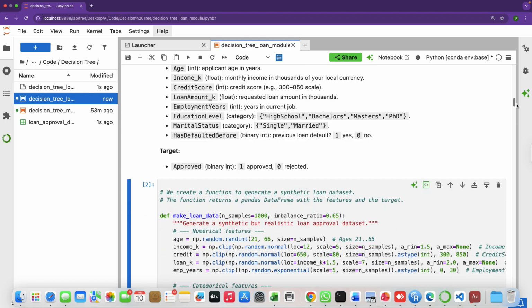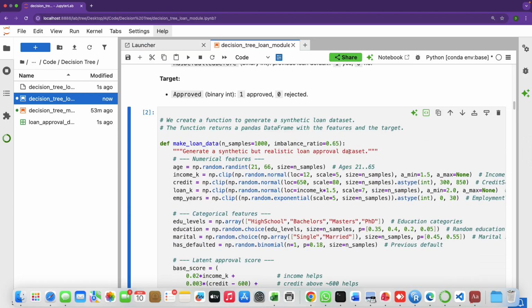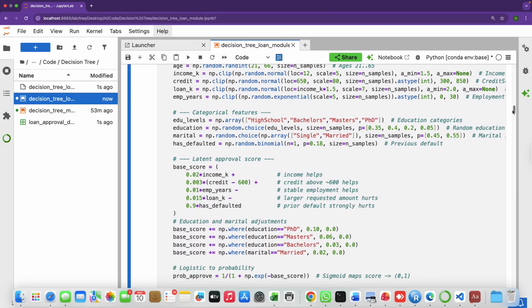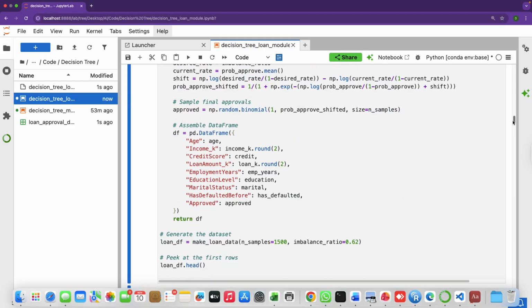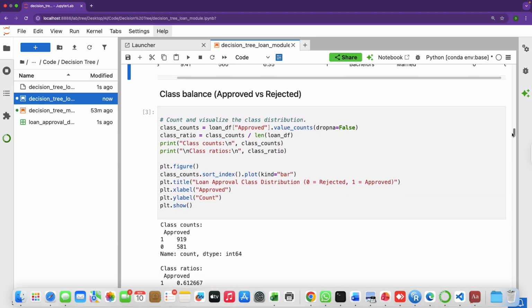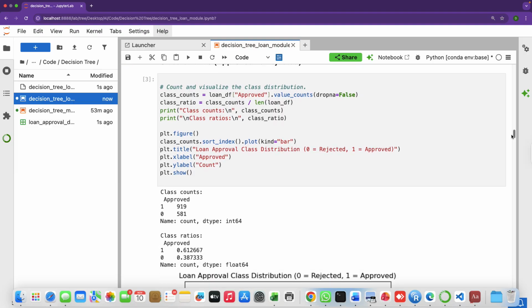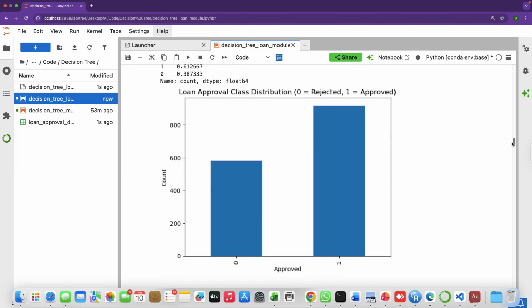And I want you to be able to, for example, tune a few things there. If you go further down, this is just the data set generation, right? Further down, you're doing the first plot based on approved and rejected. So these are approved, these are rejected.